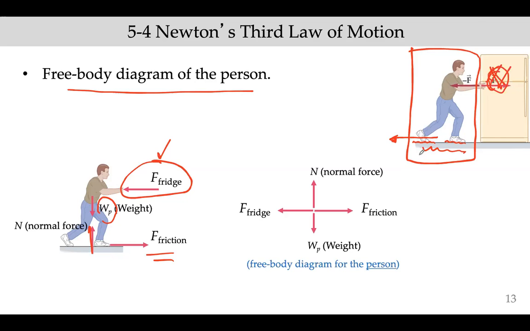If friction is 0, you would move to the left. So remember, the friction is in the opposite direction to the movement. So the friction force on the person is to the right.